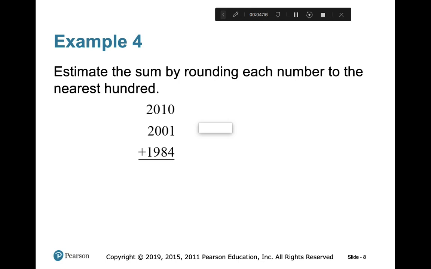We round them so we can approximate a sum or a difference. 2010 becomes 2,000. 2001 becomes 2,000. 1,984 becomes 2,000. So when we add these together, what do we get? 6,000. That is estimating a sum.